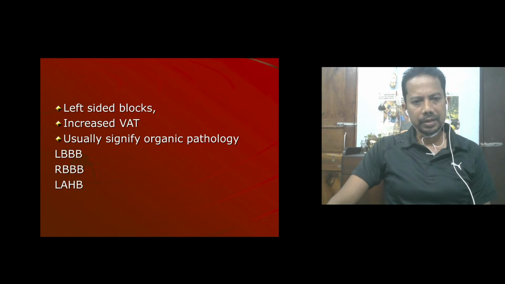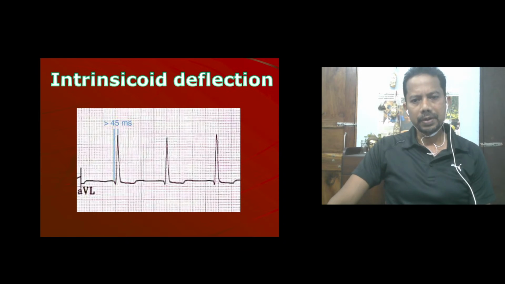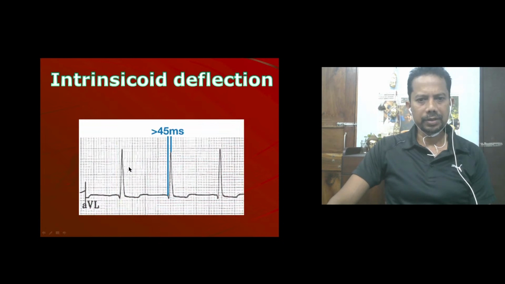And they will signify coronary artery disease or a sclerodegenerative disease of the conductive system. Okay, so this is again intrinsicoid deflection. If it is more than 0.045 seconds, that is pathological. Then you will say VAT is increased.